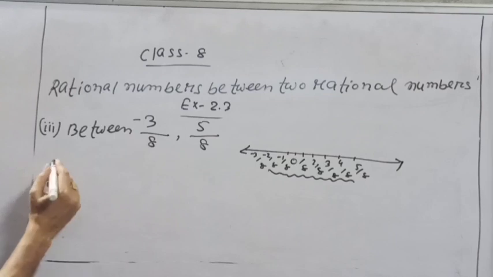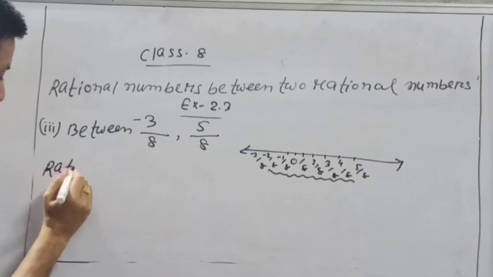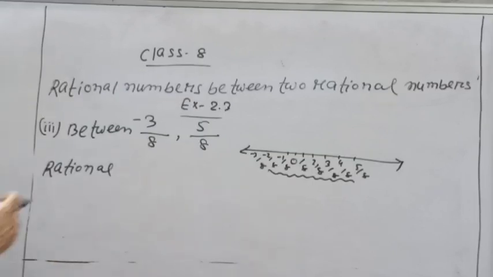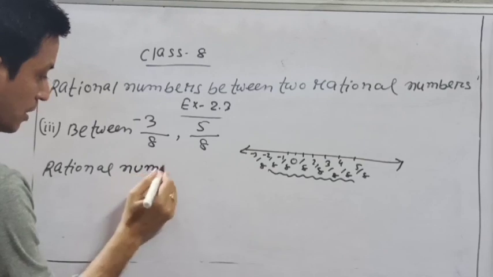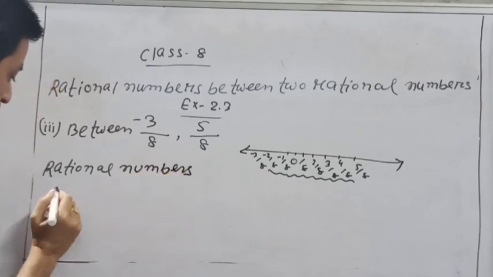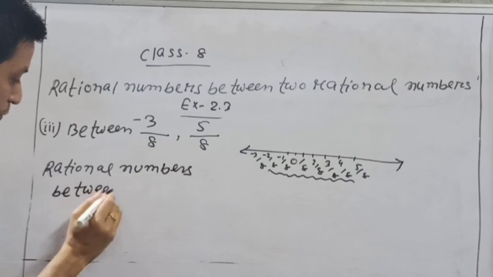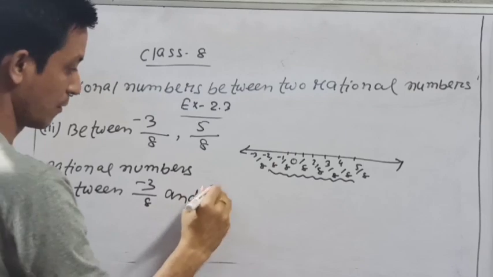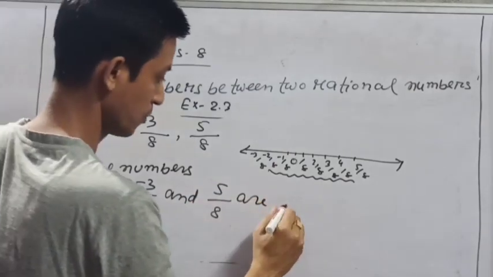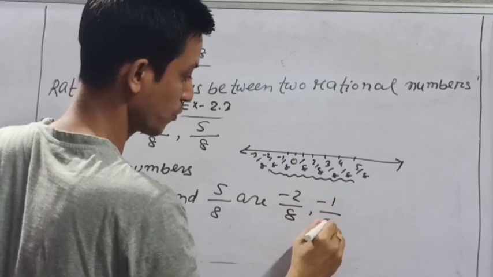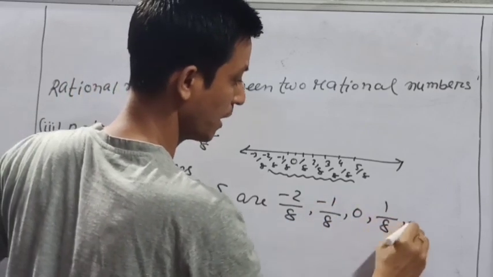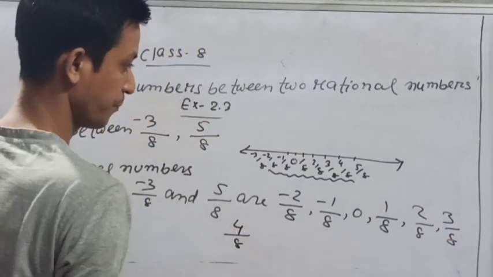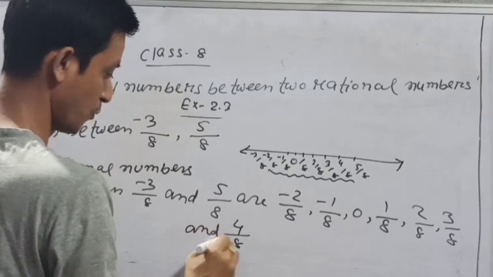So rational numbers between, we need one rational number, but I will find more. So this is one way, as I have shown. So rational numbers between -3 by 8 and 5 by 8 are -2 by 8, minus 1 by 8, 0, 1 by 8, 2 by 8, 3 by 8, 4 by 8.